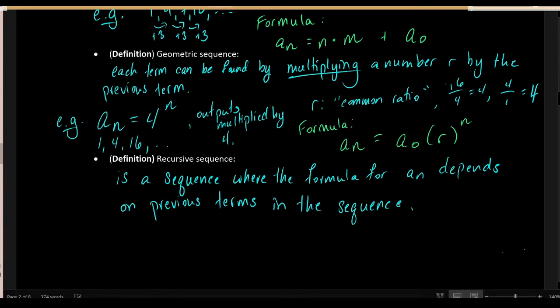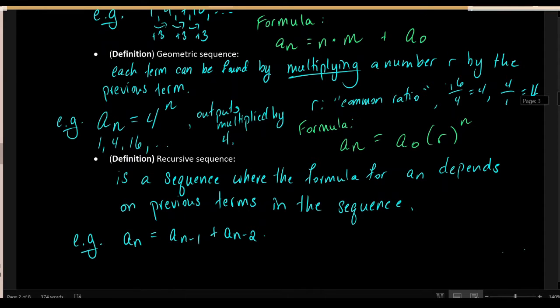For example, in the Fibonacci sequence, the formula for a sub n depended on the sum of the previous term a sub n minus 1, one step back in the sequence, and the term a sub n minus 2, two steps back in the sequence.